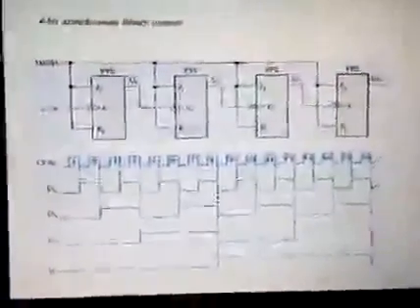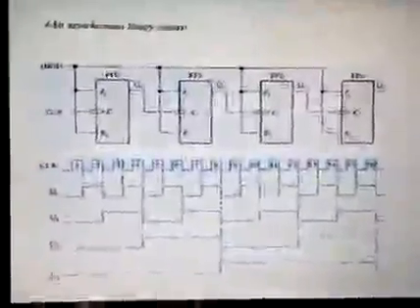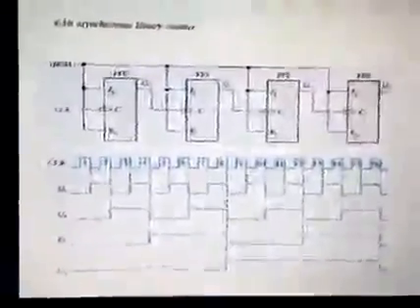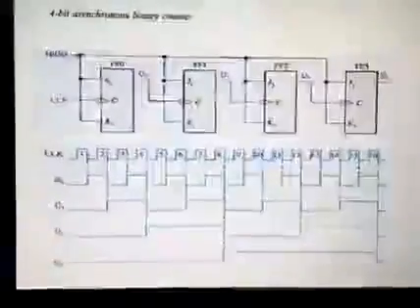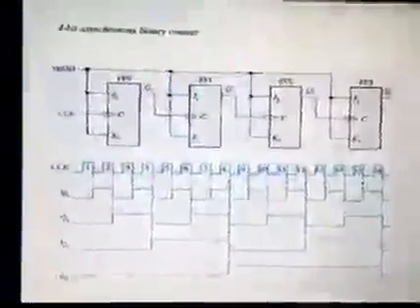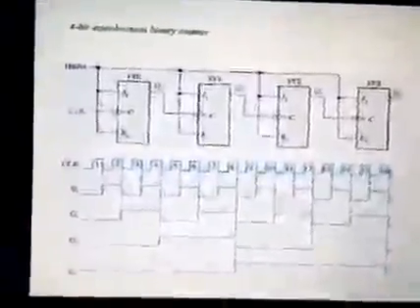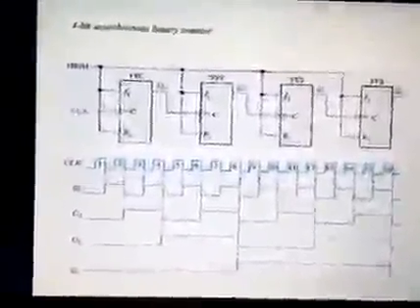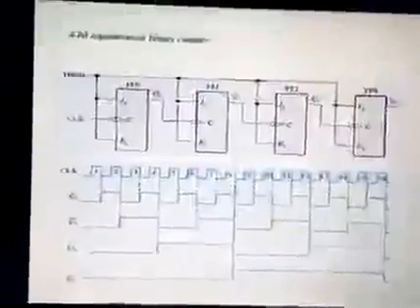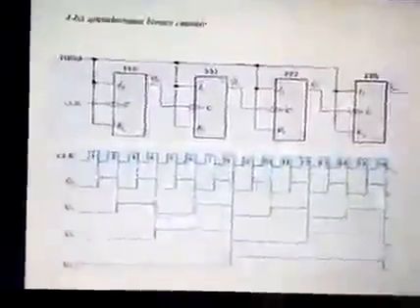The next is the 4-bit asynchronous binary counter. It performs a total count of 16, meaning 2 to the power 4. Here 4 toggle flip-flops are used: the first flip-flop is FF0, next is FF1, FF2, FF3.